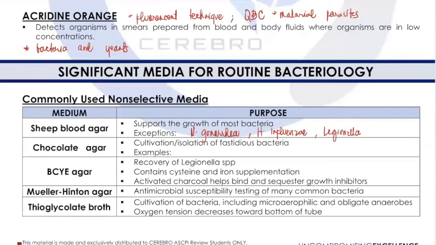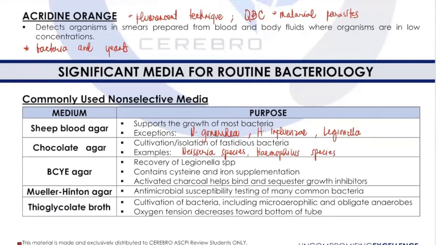Okay? Then we also have chocolate agar. This is for the cultivation and isolation of fastidious organisms, the somewhat picky organisms. Examples of fastidious organisms are, of course, our Neisseria species and Haemophilus species.